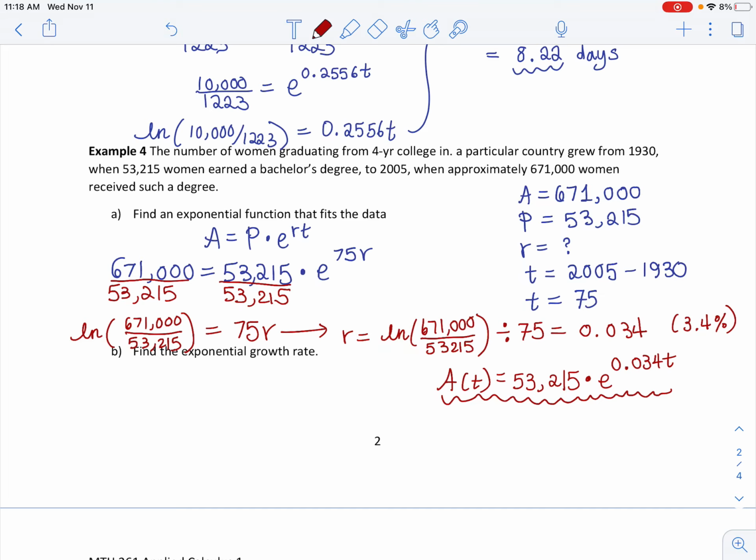Find the exponential growth rate. Hey, we found it. Exponential growth rate is... I need some water, guys. 3.4%. We already found what r was, so we can just say that for the last part.